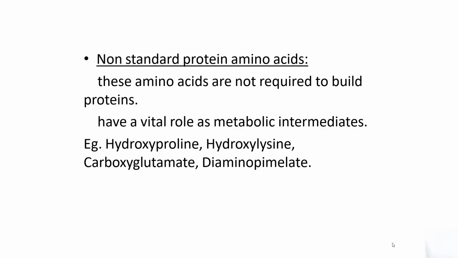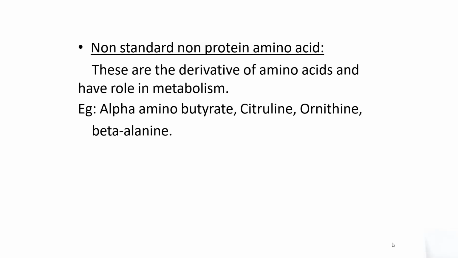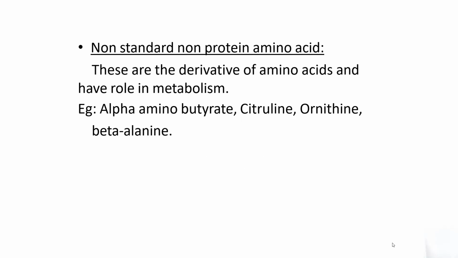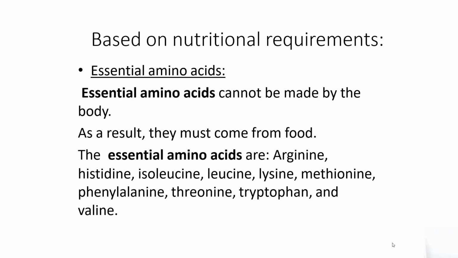They have a vital role as metabolic intermediates like hydroxyproline, hydroxylysine, carboxyglutamate, diaminopimelate, all of these. So these are the derivatives of amino acids and have roles in metabolism, like alpha aminobutyrate, right? Citrulline, ornithine, which is involved in the urea cycle, beta alanine, etc.